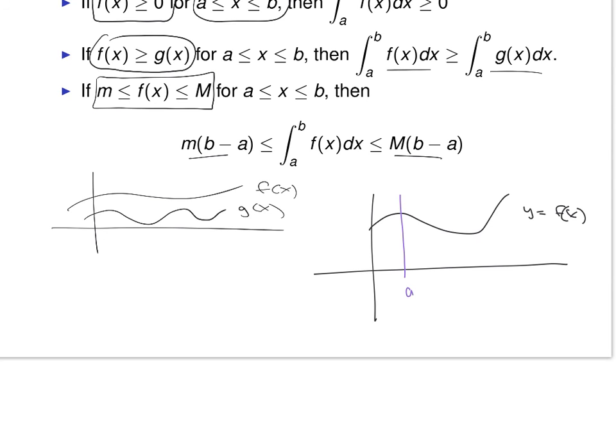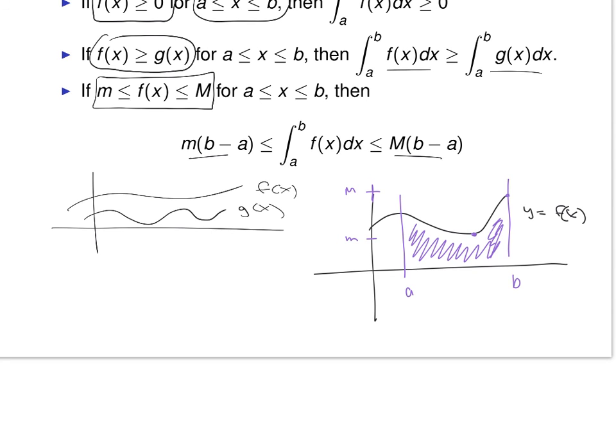And here's your a, and say there is your b. This number is what they're calling their lowest number. This number over here is their highest number. Okay. Now here is the actual area under the curve, right?